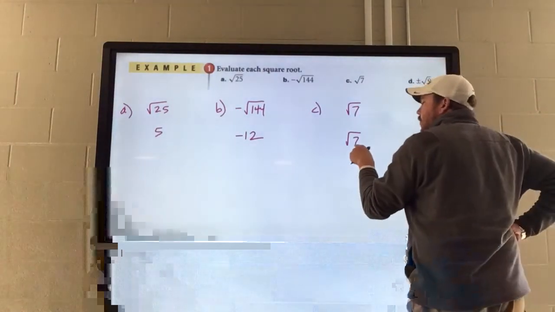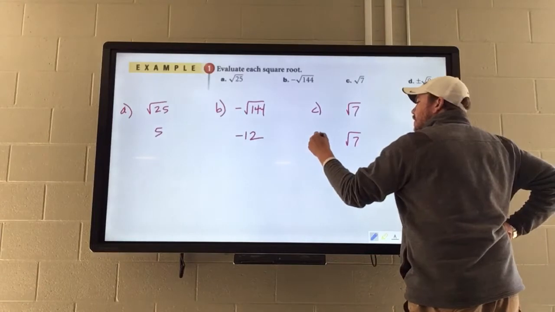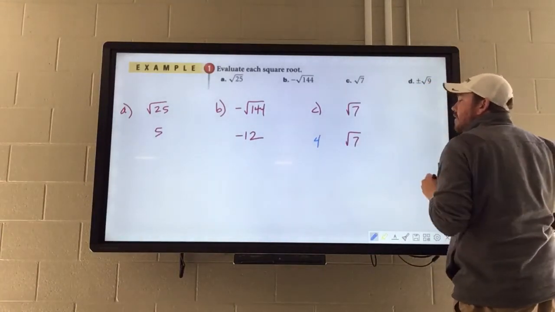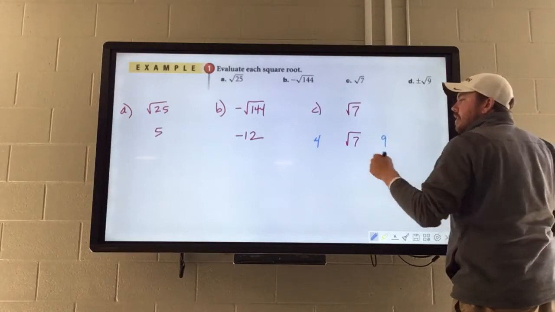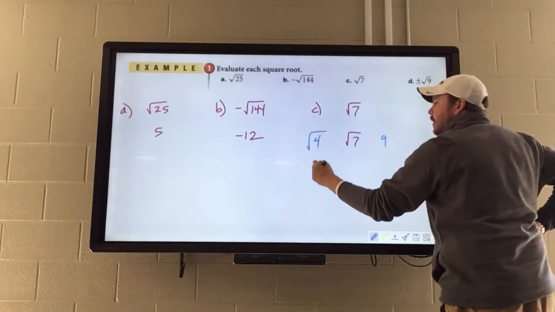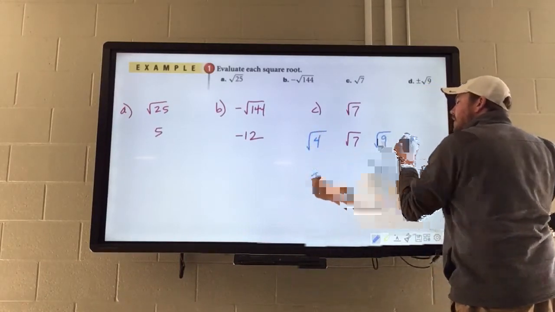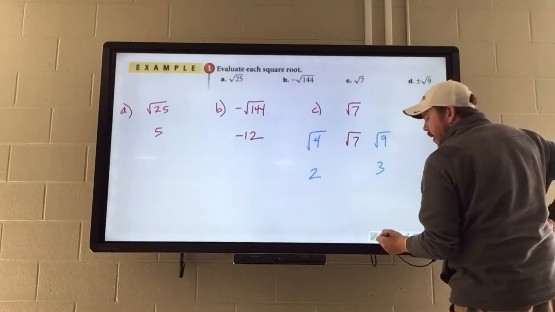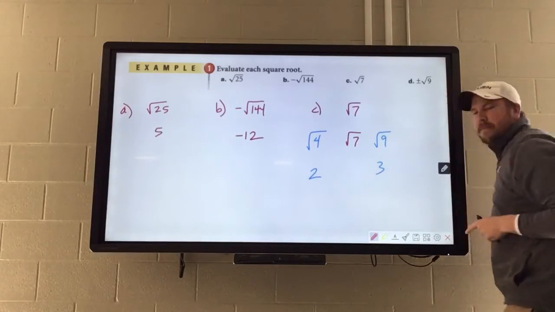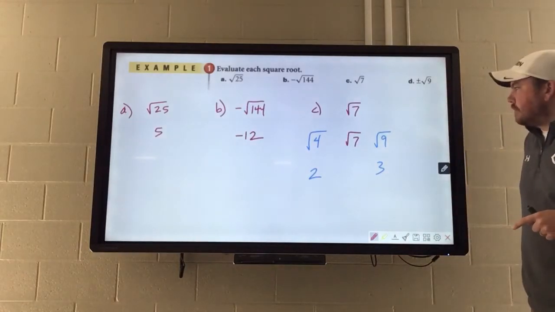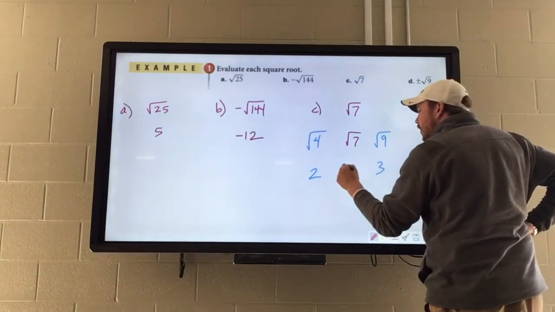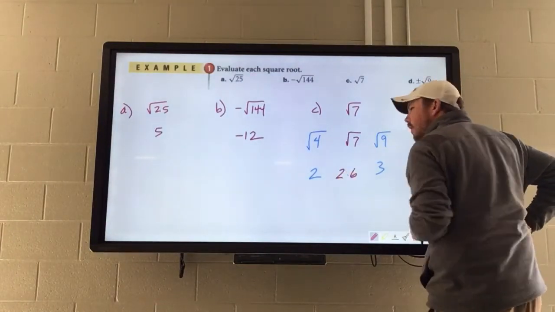The nearest perfect square that is less than 7 would be 4. The nearest perfect square that would be greater than 7 would be 9. So here's the thing. The square root of 4 is 2. The square root of 9 is 3. So therefore, the square root of 7 is somewhere in between 2 and 3. Now, it's a little bit closer to 9 than it is to 4, so I'm going to say it's about 2.6 or so.